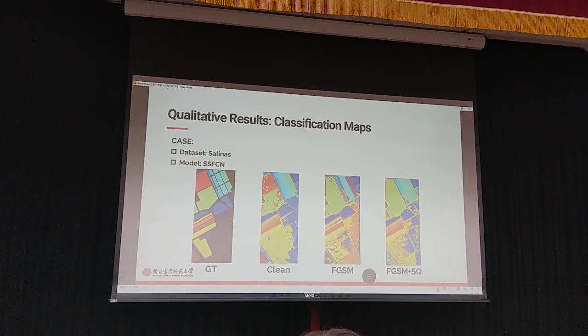For this case, OA drops from 94% in the clean setting to 54.94% under FGSM attack, and it improves to 73.82% after applying feature squeezing. Visually, the FGSM plus SQ map is more spatially consistent than the FGSM result. This supports the quantitative results.